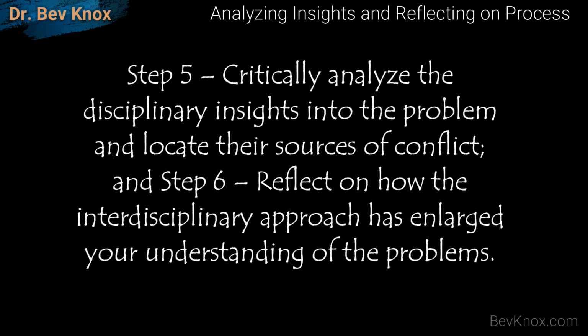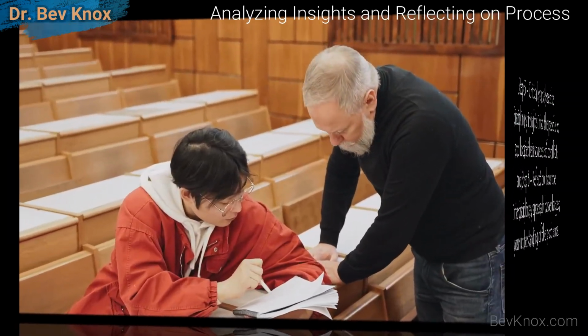Step number 5, critically analyze the disciplinary insights into the problem and locate their source of conflict. And last but not least, step number 6, reflect on how the interdisciplinary approach has enlarged your understanding of the problems.